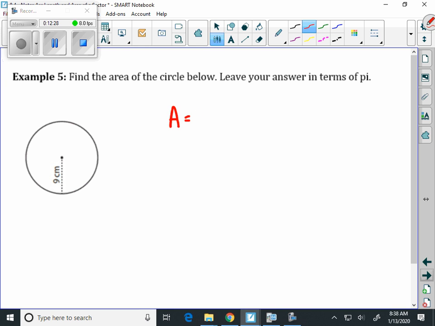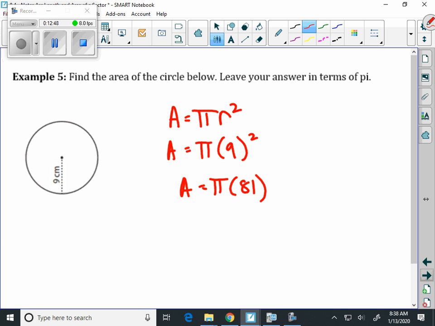Once again, the formula is pi times r squared, and we fill it in. Area is pi times 9 squared, because our radius is 9 in this particular picture, and that's pi times 81. And typically in math, we like to write the number first. So let's write area equals 81 pi.